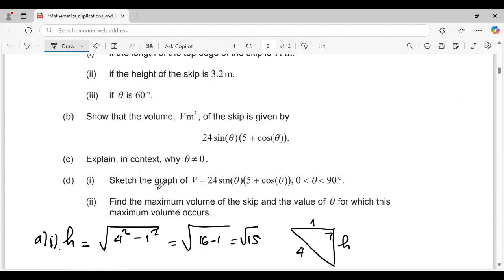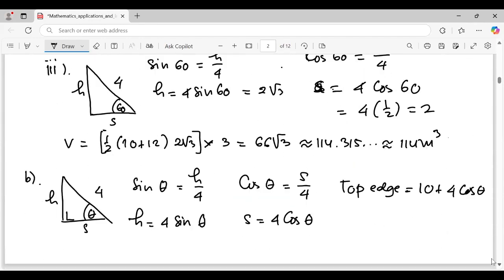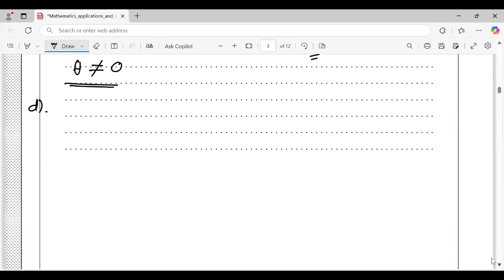Part 1. Sketch the graph of V equals 24 sine theta multiply 5 plus cosine theta, with theta interval 0 to 90.